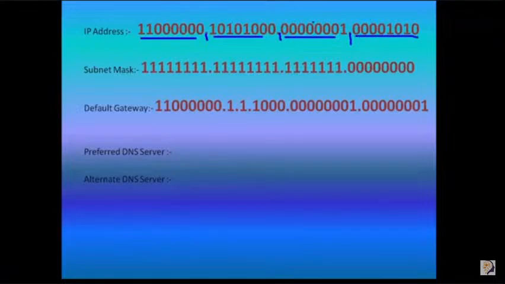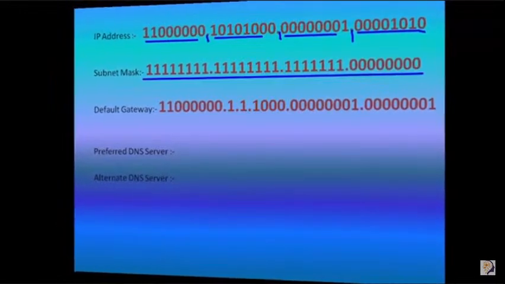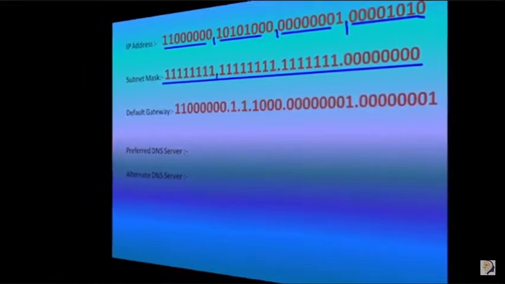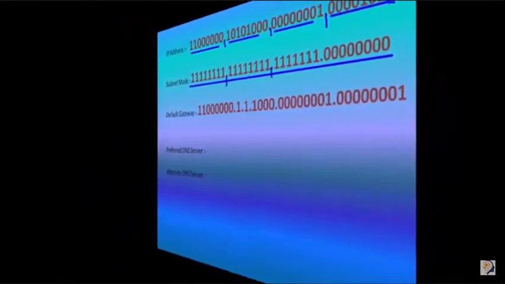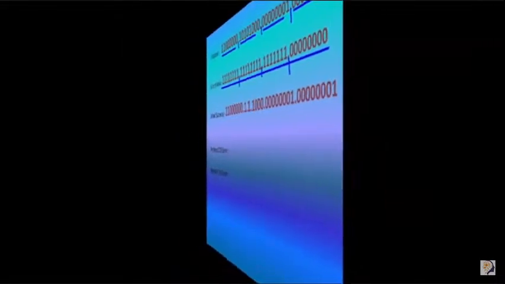So 8 plus 8 plus 8 plus 8, 32 bits. Same for the subnet mask: 32 bits, 8 bits separated by a decimal point, 8 bits separated by a decimal point, 8 bits separated by a decimal point. So a collection of 32 bits.